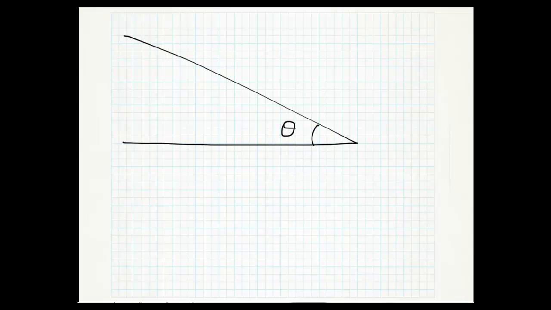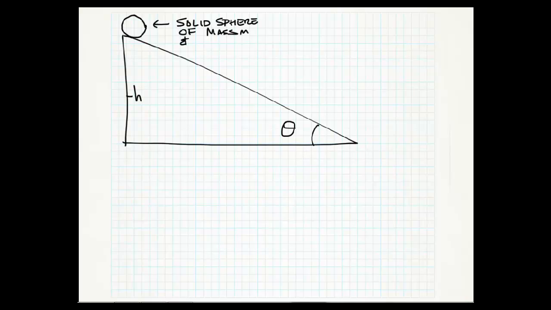As we look at this, we can say that we have a height h, and just to be fun, let's say we have a solid sphere of mass m and radius r.